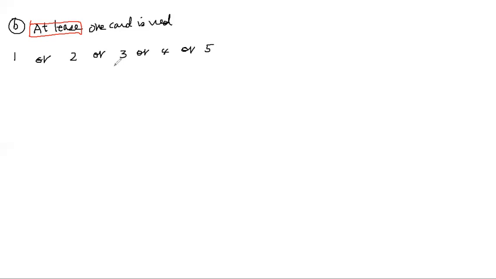So let's take a look at 1 red card. It will be C(26, 1), since we have 26 red cards. 2 red cards, C(26, 2); 3 red cards, C(26, 3); 4 red cards, C(26, 4); and 5 red cards, C(26, 5).